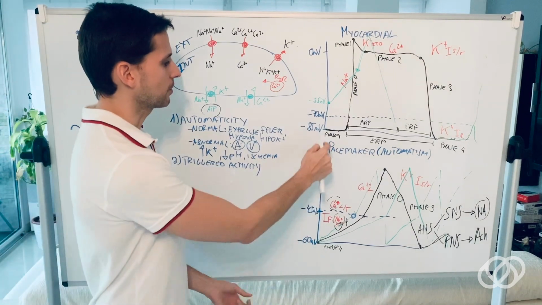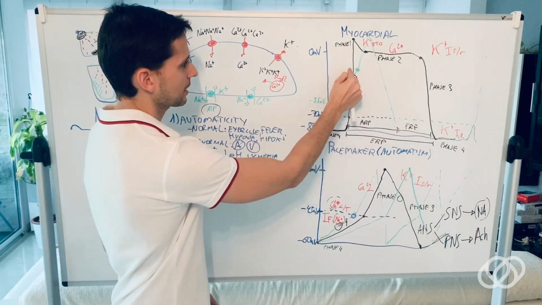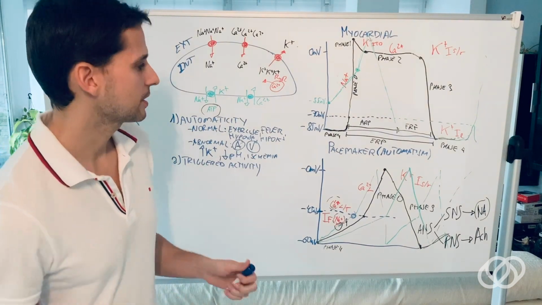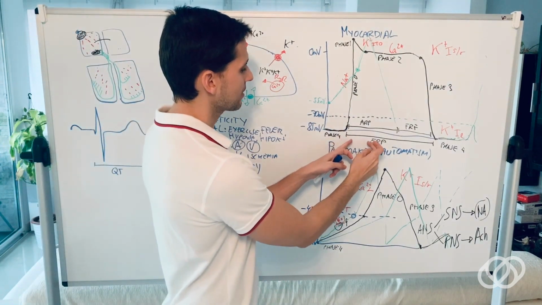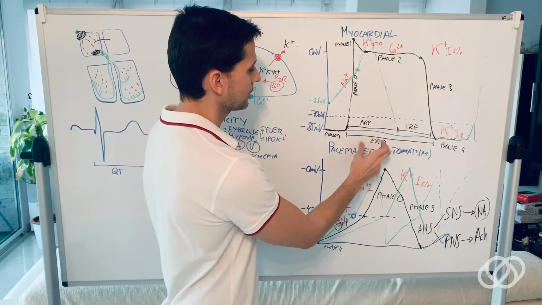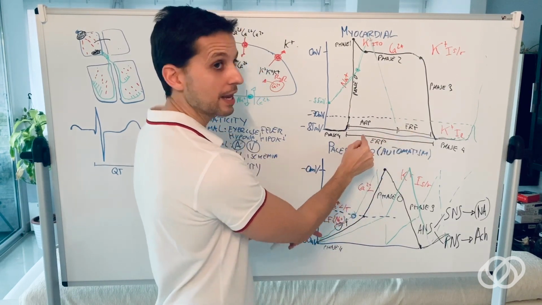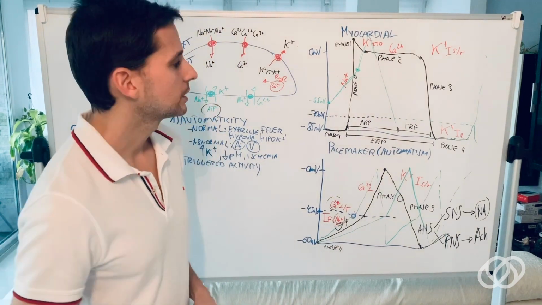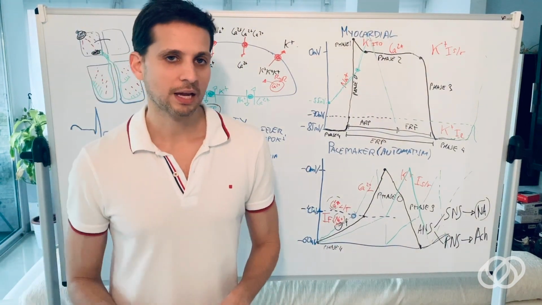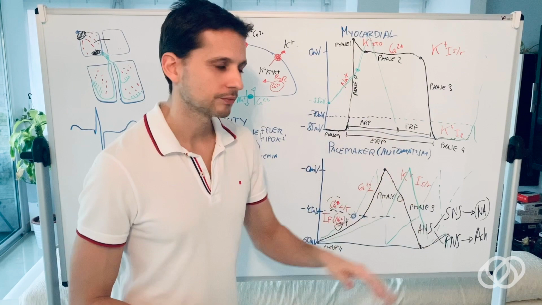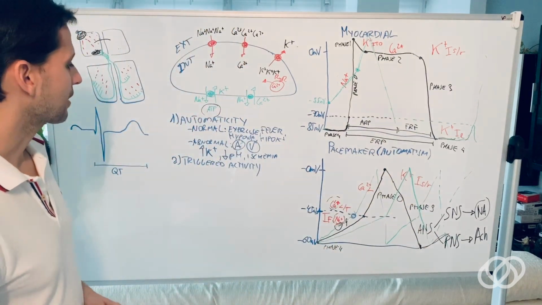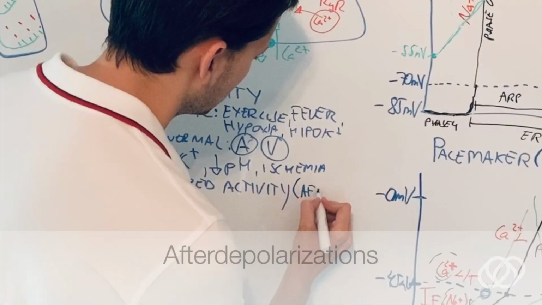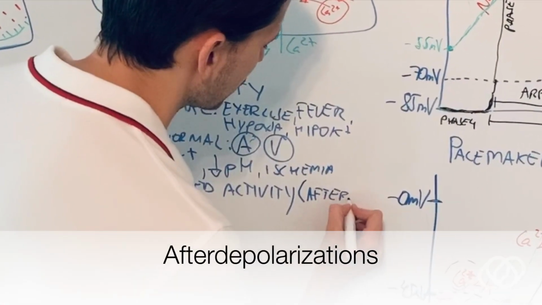We have said that when an action potential starts, there is a mechanism of defense that the cell has, that is the refractory period, that prevents any other impulse from starting a new depolarization. But something happens that may make it fail, and we can have what is called afterdepolarizations.